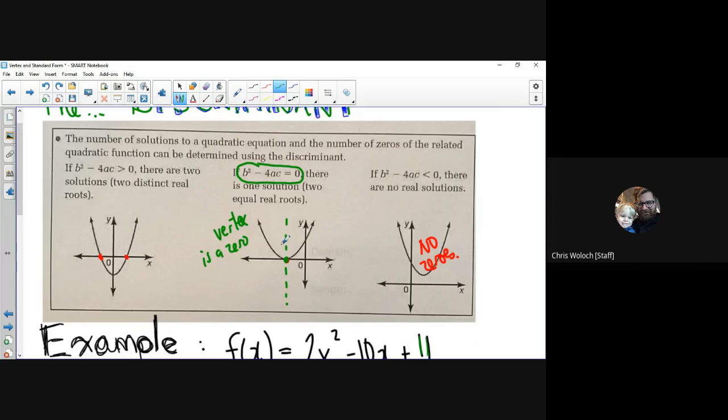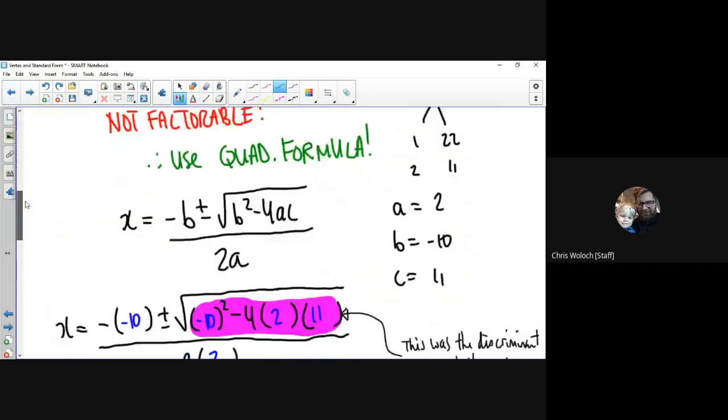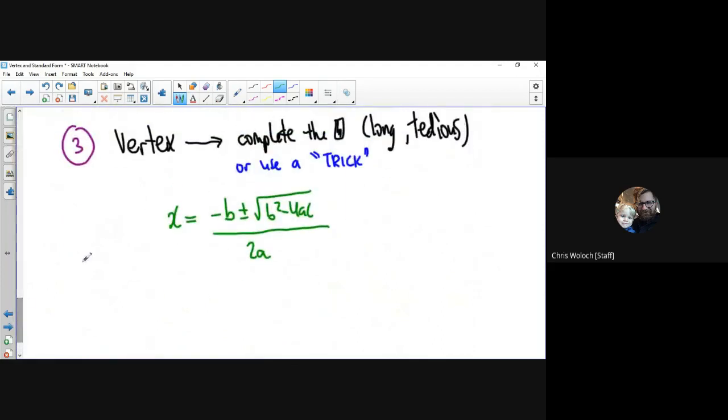Now, why is that important? Well, if I go back to the quadratic formula, right? If the discriminant equals 0, then we know the vertex is the x-intercept, essentially.